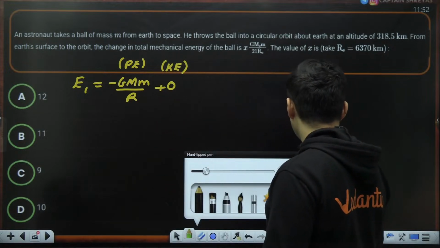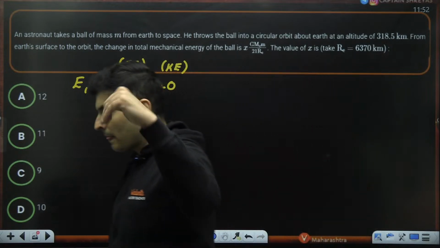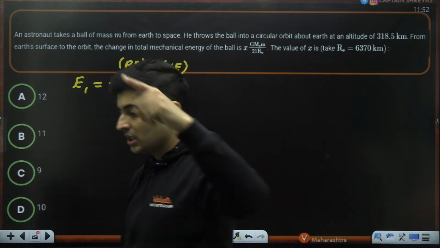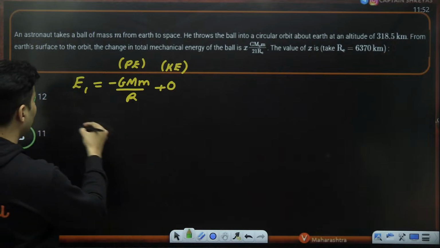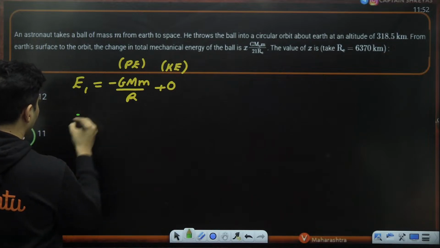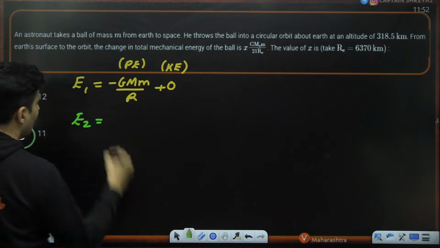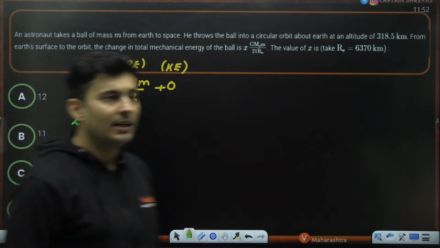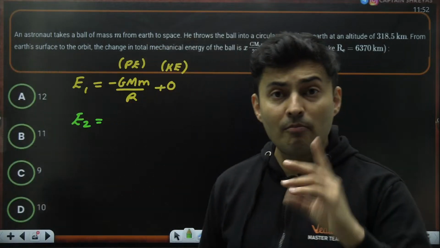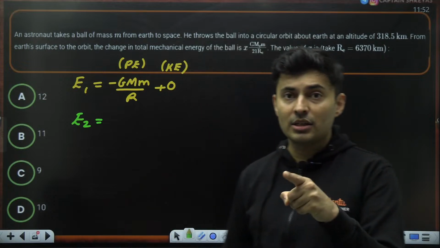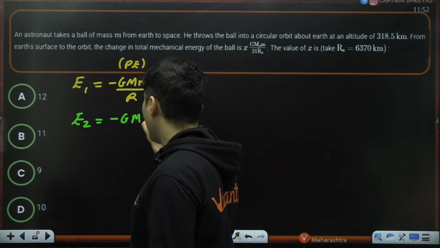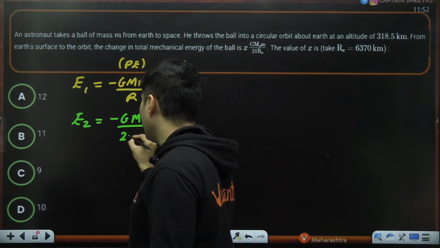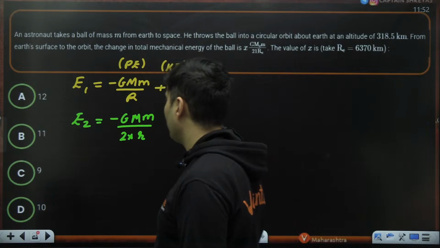When he goes to the top and puts it into an orbit, obviously there will be kinetic energy also and potential energy also. So the total energy will be given by minus GMm by 2 times the radius of that orbit.